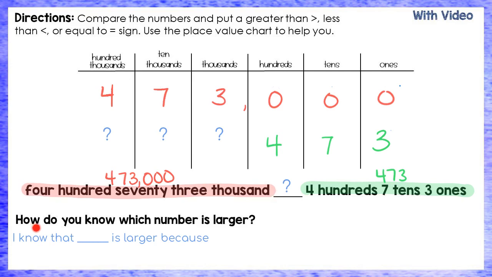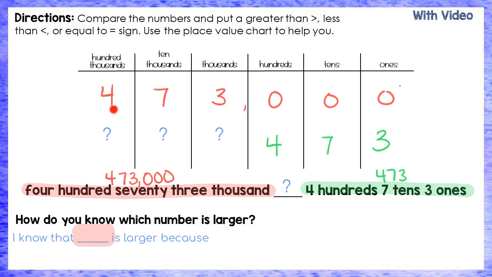Then, how do you know which number is larger? I know that 473,000 is larger, so you can type in the number 473,000 there, because, well, they have the same digits.